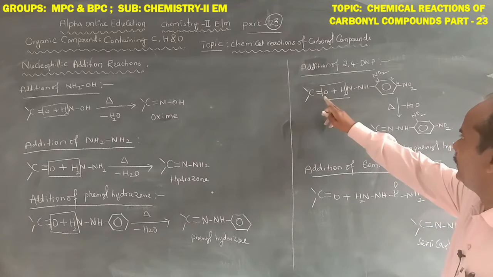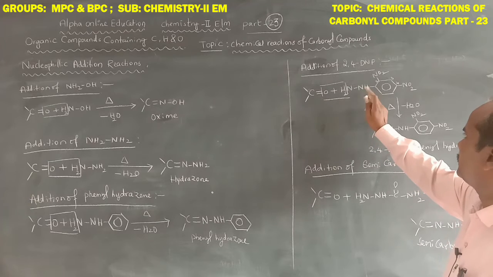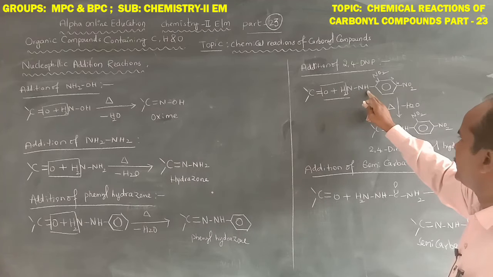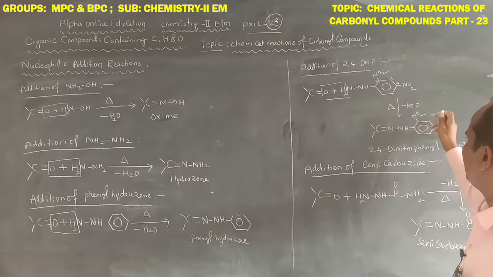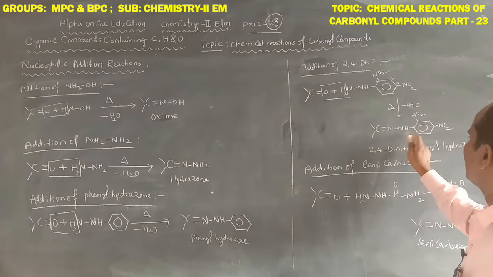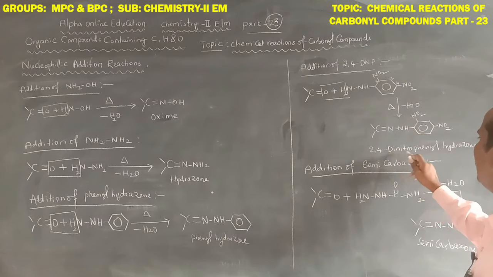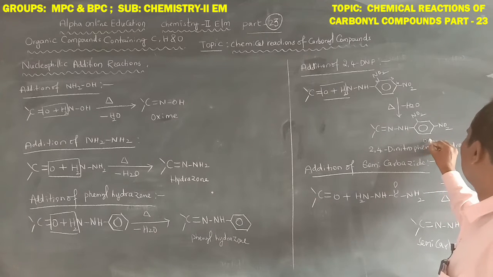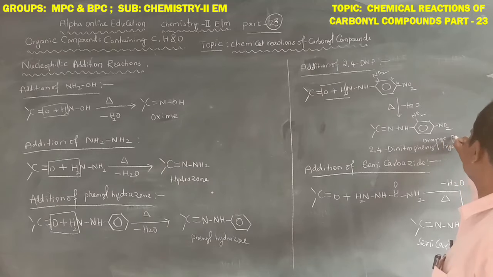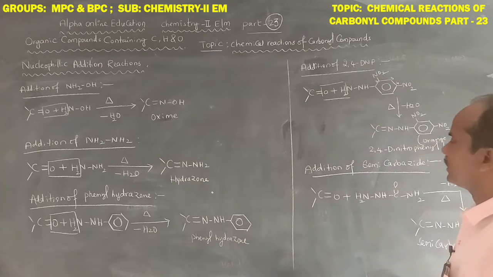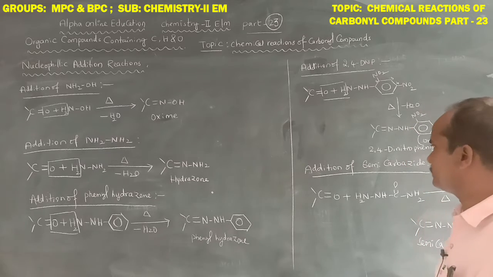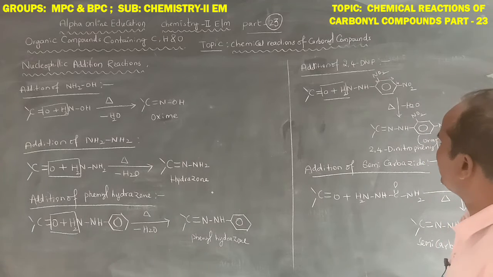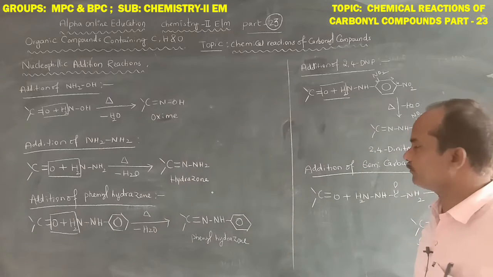When a carbonyl compound is mixed with 2,4-dinitrophenylhydrazine and heated, removal of water molecule takes place and forms 2,4-dinitrophenylhydrazone, an orange colored precipitate. Based on the formation of orange or red colored precipitate, we can identify the carbonyl compound. So this is a very primitive test for the identification of carbonyl compounds.